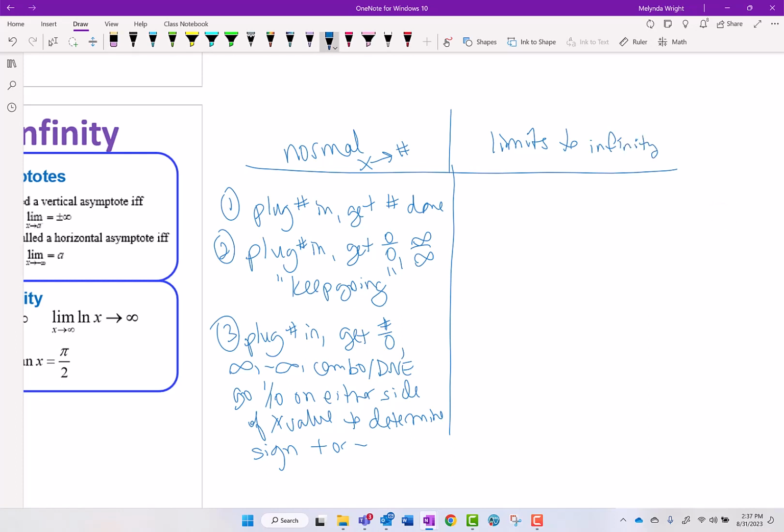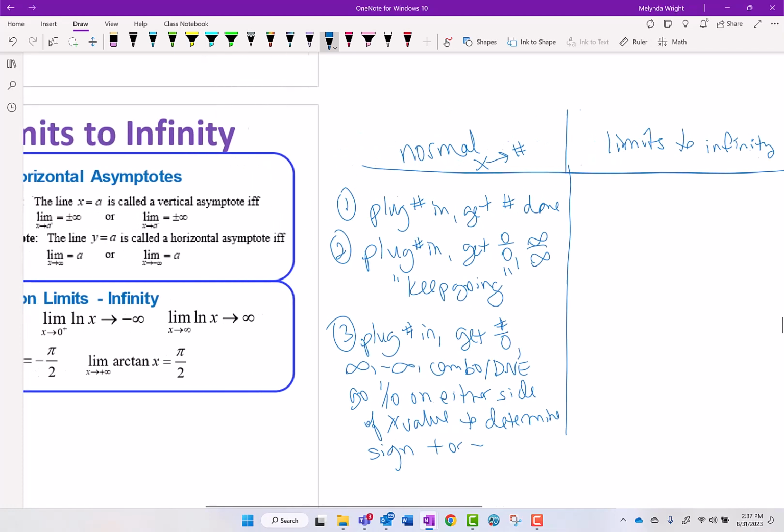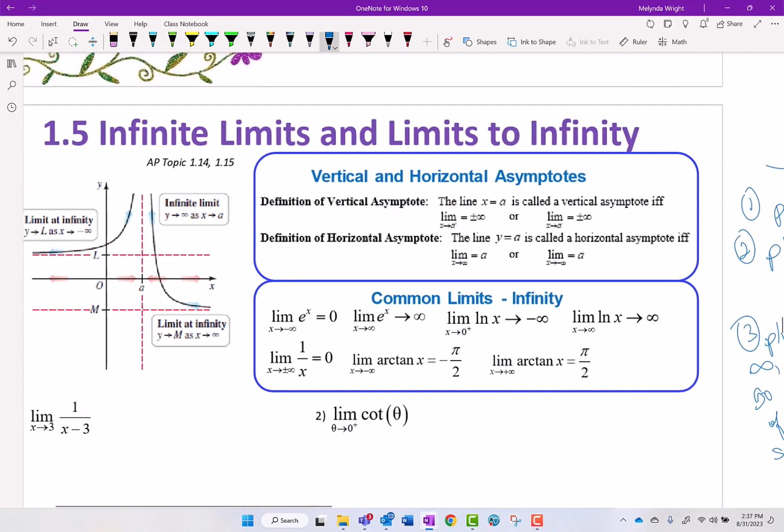Because they're thinking that the techniques they've been trying are going to work, and they don't. These are completely different. It's like a different little animal, if you will. So I want you to go into this lesson with the idea that this is a different kind of limit, and we work them differently. Okay, are we okay with that? So these we do not work like the regular normal limits. With that in mind, let's take a look at our lesson.